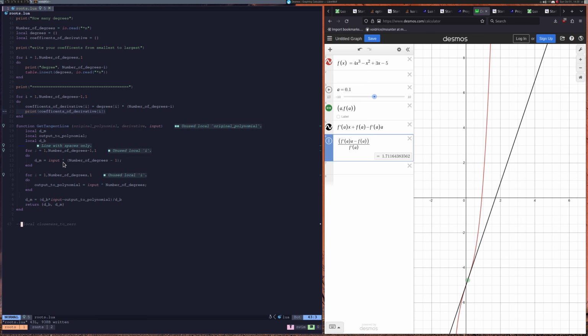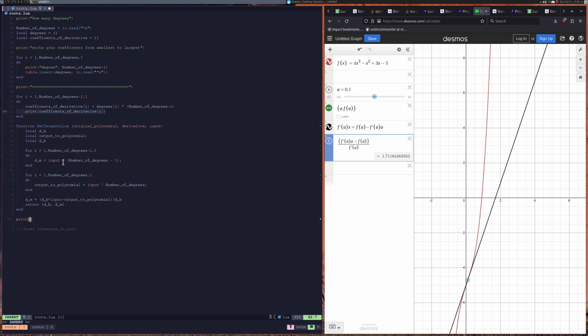Why does it need 2 dashes? That's weird. What else? Alright, so I just want to make sure I got these right. I'm going to have to refactor this a little later.